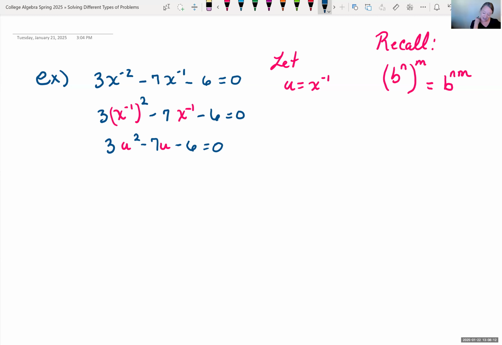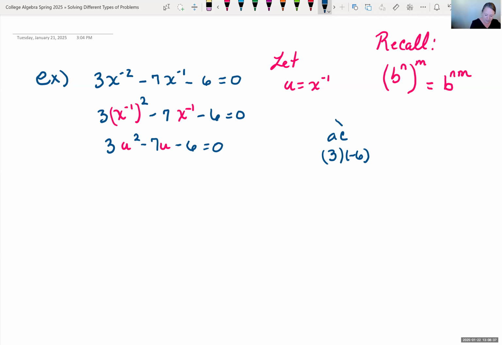I am going to try to factor this. I notice my value in front of my squared term is not 1, and so I need to do my AC method and do trial and error through that. So my AC method, so a times c, my a value, my coefficient in front of the square is 3, times my constant, which is negative 6.